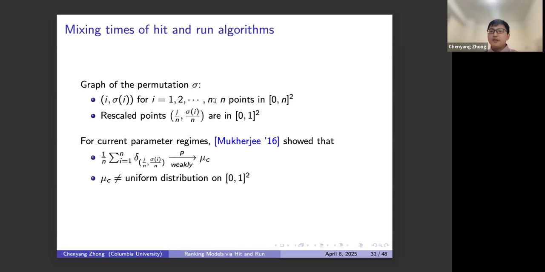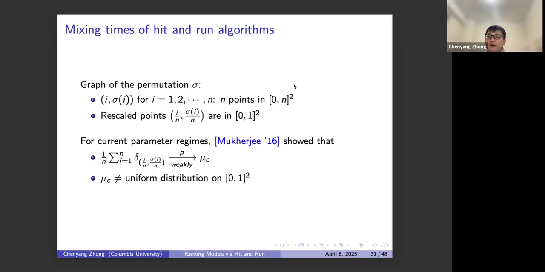And in the permutation literature, people usually visualize a permutation by drawing those points in the two-dimensional plane. Since each i and sigma i are between 0 and n, it would lead to n points. If we plot all those points, we get a scatter plot of n points in this square of side length n.